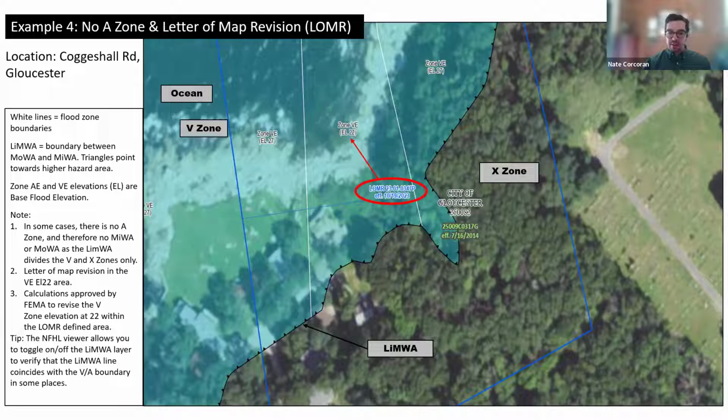It was reviewed by FEMA, and the letter of map revision was issued then. So whenever you encounter a LOMR or a letter of map amendment, that was the process to get that change. Next slide.